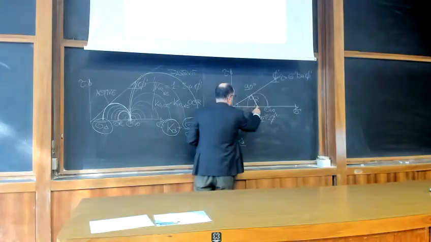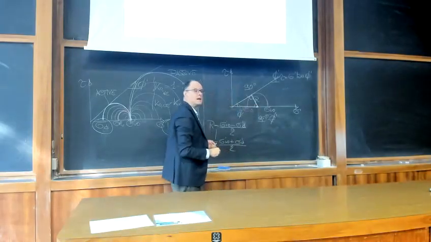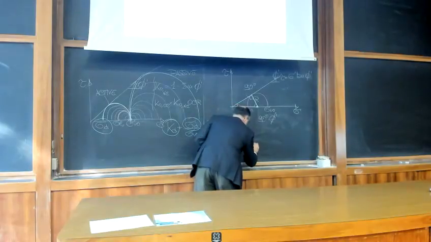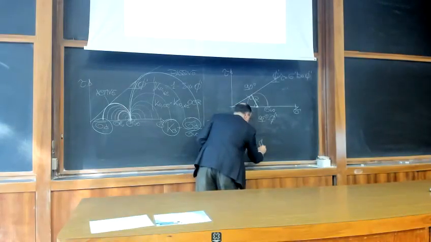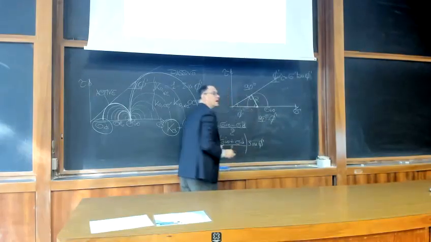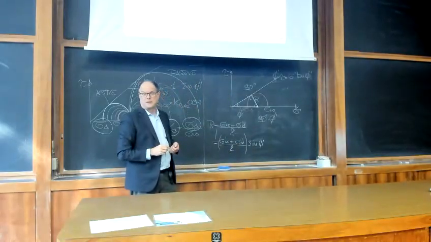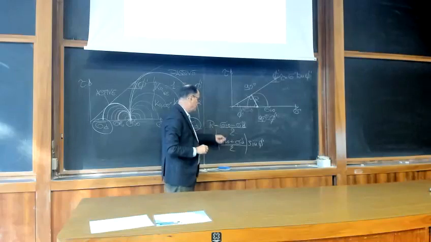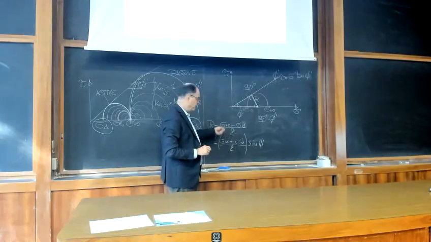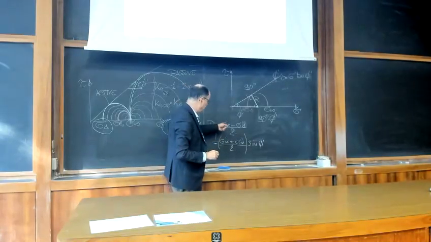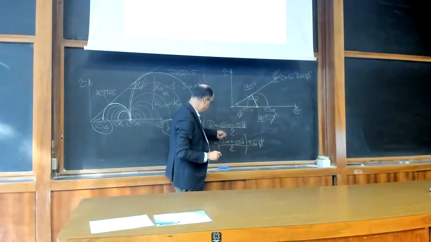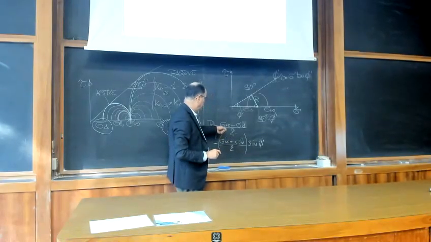If you see, this is this distance, and it is multiplied by the sine of phi. Okay, because this is a triangle which is rectangular. So you can put this in these two different ways.